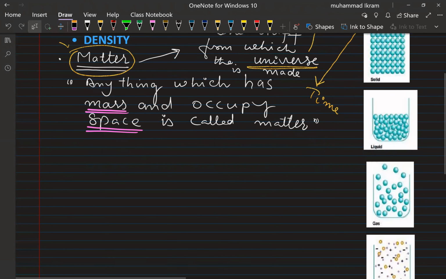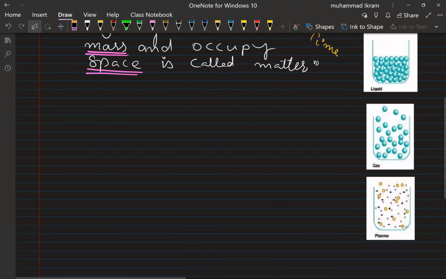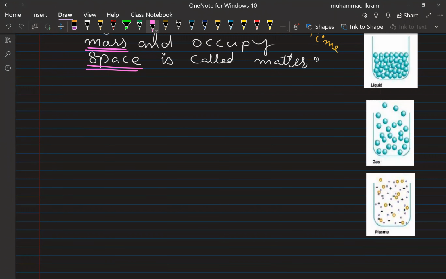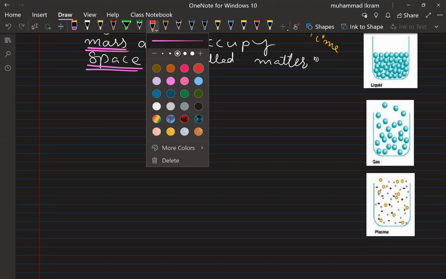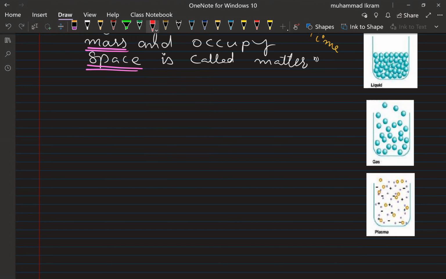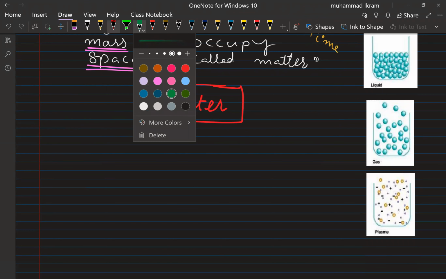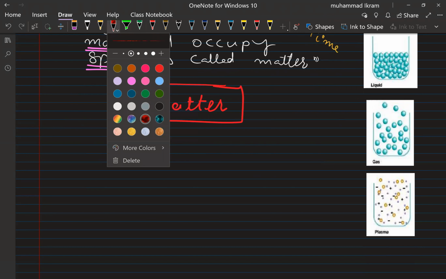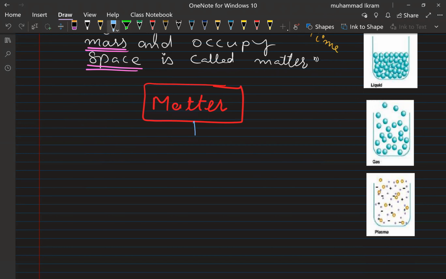So you just see, class, if I start to discuss the broad classification of matter with you. What is the main classification of the matter? Matter is mainly classified into three main categories, or three broad categories.